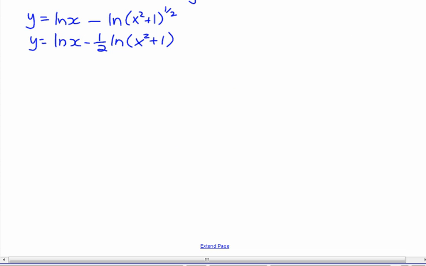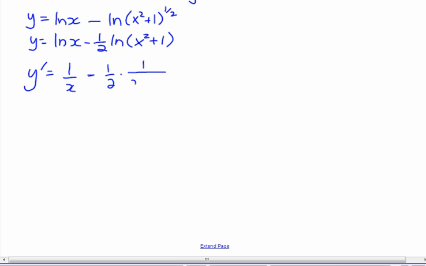Okay, let's derive this now, because it's not so bad. Derivative of natural log of x is 1 over x. Okay, minus, we have a half times this derivative. It's our constant, so you can just leave the constant in front. Derivative of natural log of x squared plus 1 becomes what?